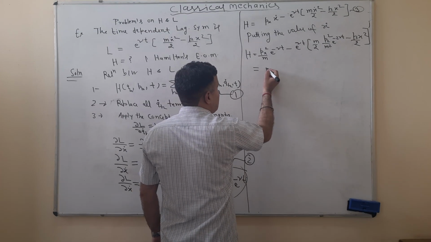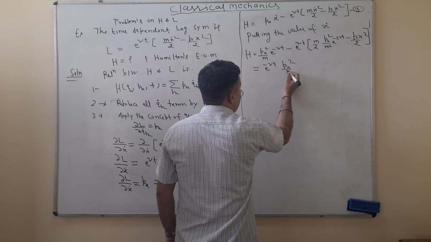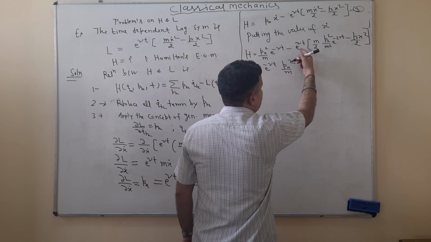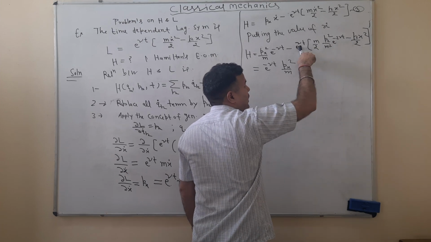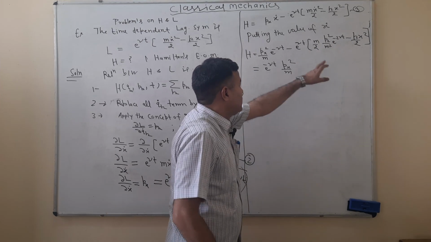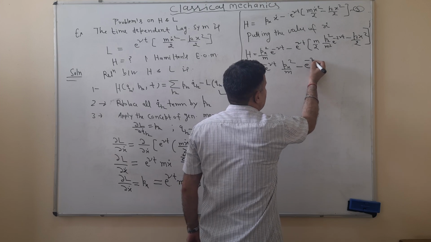So rearranging, e to the power minus nu t, px square by m, and the other factor is e to the power nu t, so minus plus becomes minus, and we have one more additional term e to the power minus nu t.